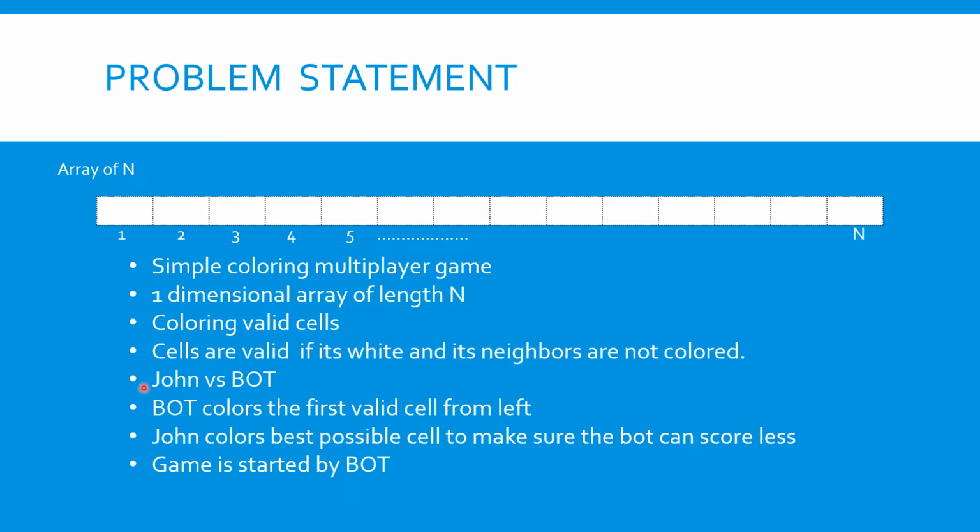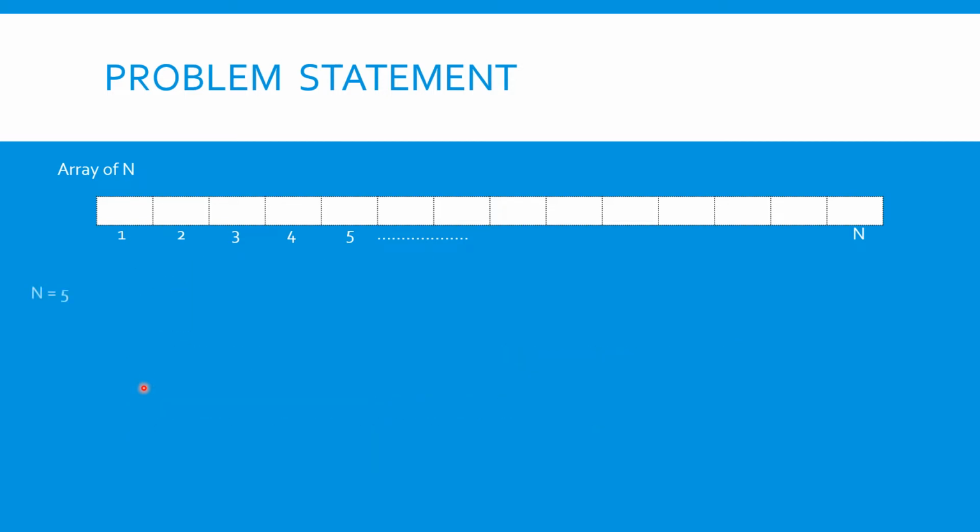Let us try to see some examples to understand the problem. Let us consider n equal to 5, and the bot starts the game by coloring the first valid cell, which is the first cell. Then John plays.